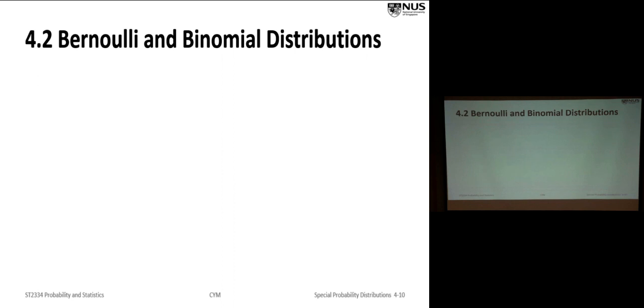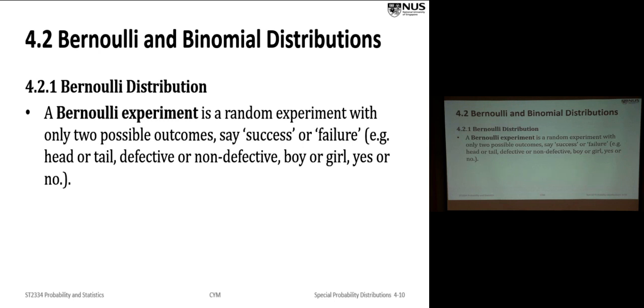And the binomial distribution is based on something called the Bernoulli distribution. The Bernoulli distribution is the simplest distribution we can think of, because it takes on only two values. In a lot of situations we have the outcome either considered as a success or failure.